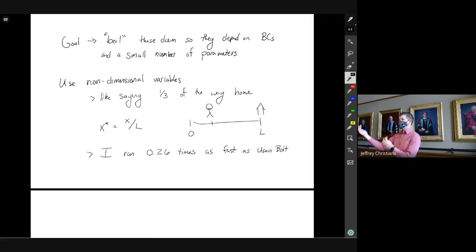So you take your speed of, I don't know, 8 miles an hour divided by Usain Bolt, who's like 32. Super fast. Probably a little bit faster than 0.26, but you get the picture. You can do this with other things too. We're going to do the same thing with non-dimensional pressures and gravities and all kinds of different things, scaling it to the system.